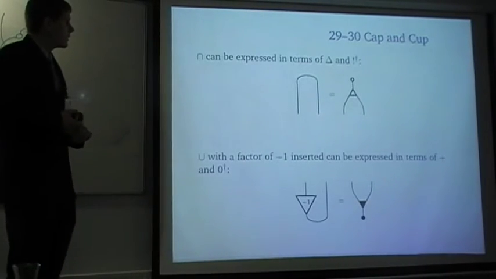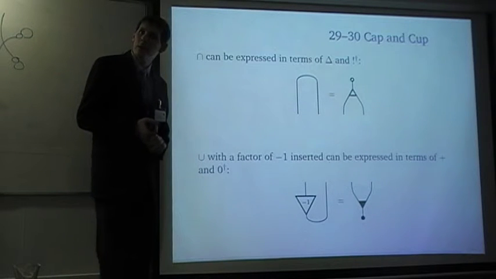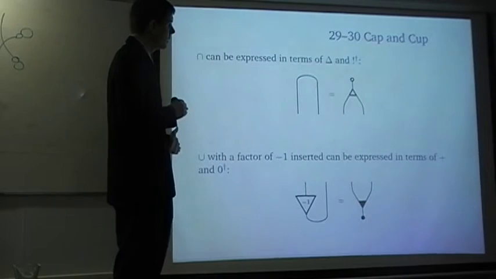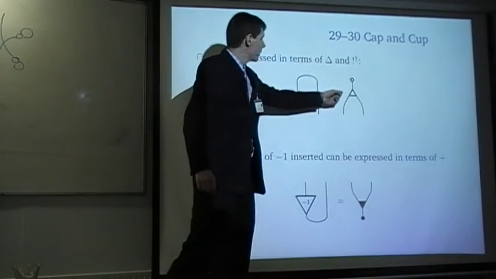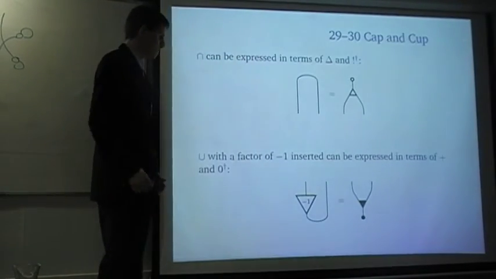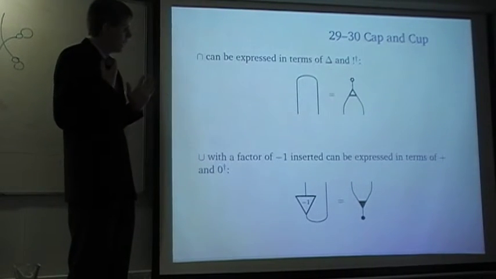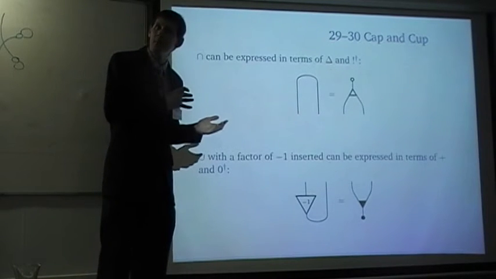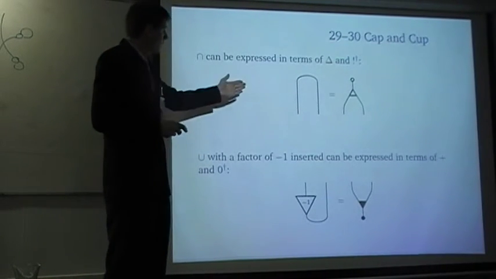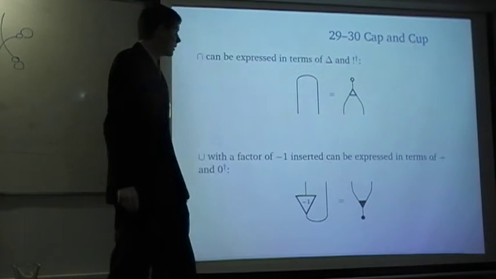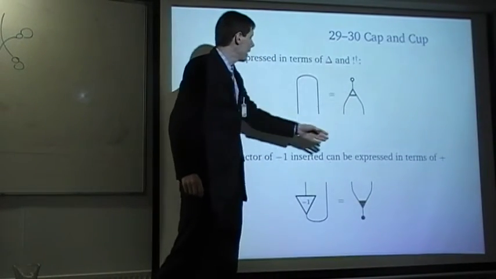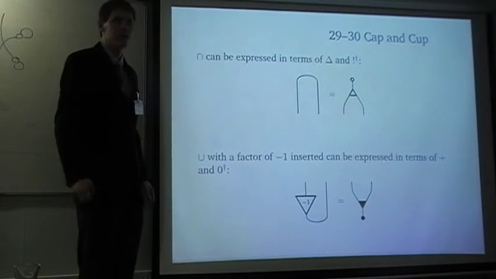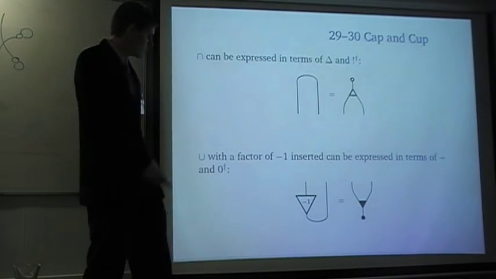We can also express the cap and the cup in terms of the other morphisms that we've seen so far. So the cap can be expressed in terms of the duplication and the co-deletion. And we already saw in Paul's tutorial that he was taking these as elementary and defining the cap like that. And he also defined another cap with the dark structures.